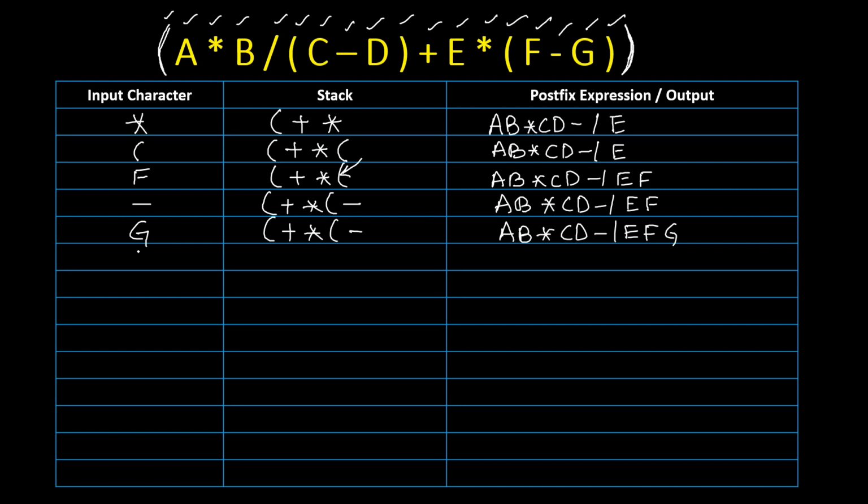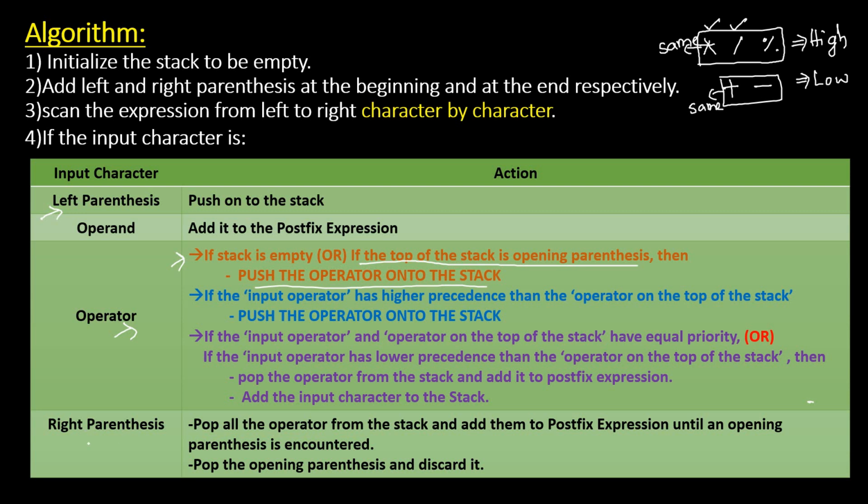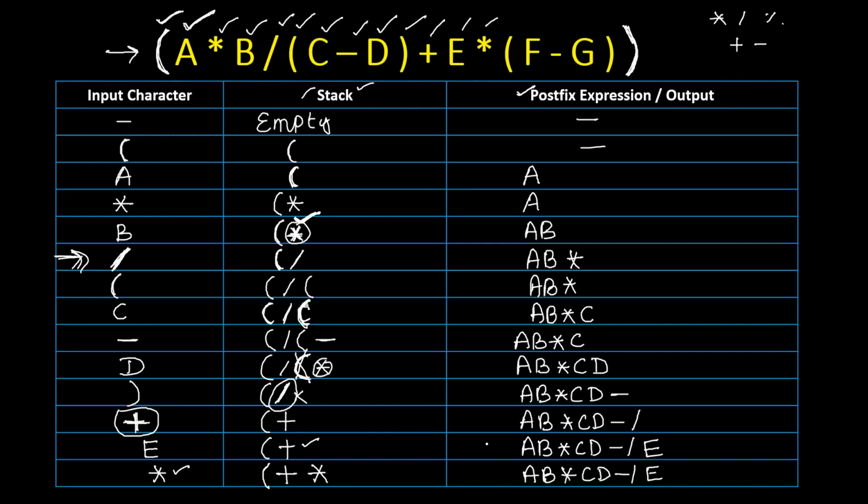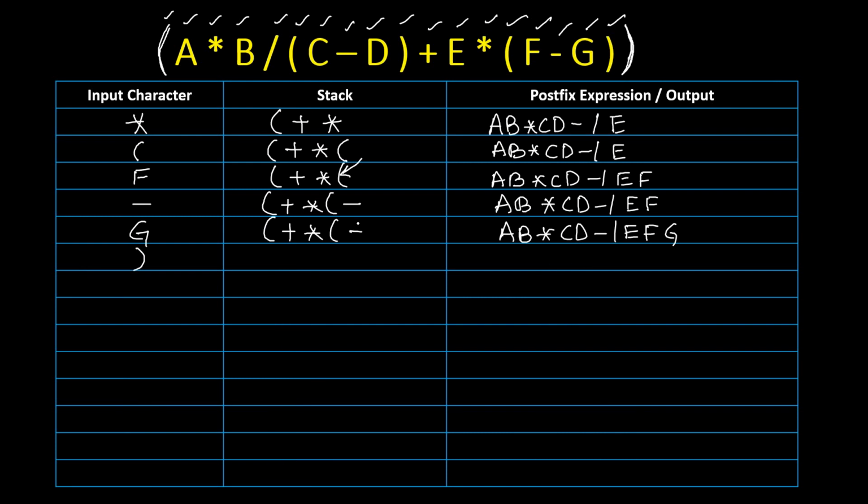And next one is a closing parenthesis. Whenever you have a closing parenthesis, or right parenthesis, you have to follow these two steps: pop all the operators from the stack and add them to the postfix expression, and pop the opening parenthesis and discard it. So what is the meaning of that? Pop the operators from the stack and add them to the postfix expression.